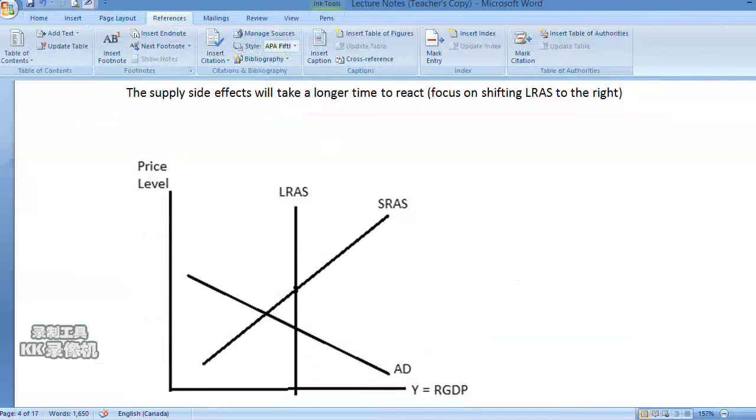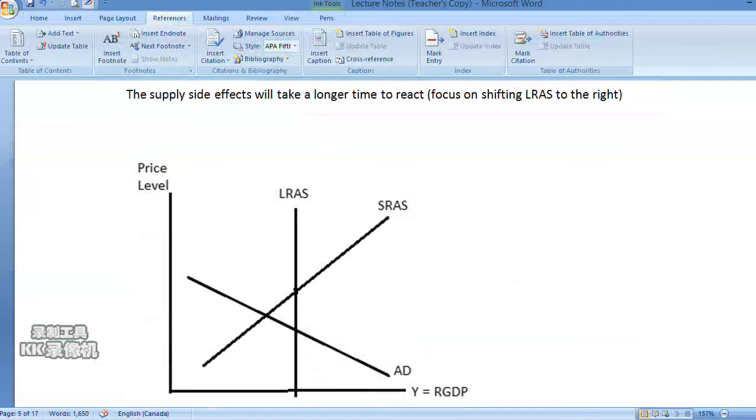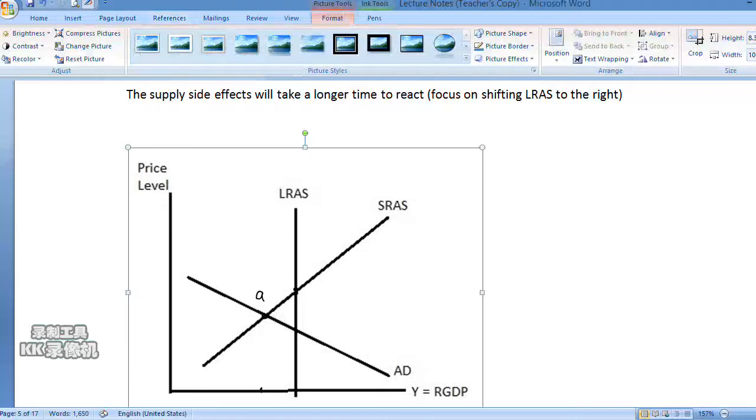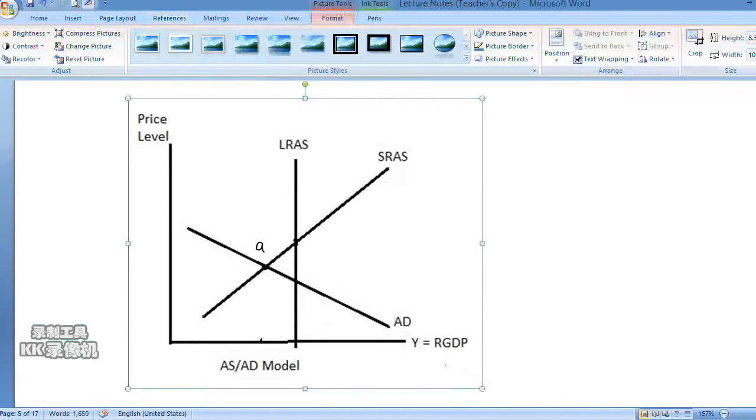Okay, so again, we are assuming the same example. Currently, the economy is in a recessionary gap. What we are going to see here is, again, we have a savings tax credit, which lowers interest rate.